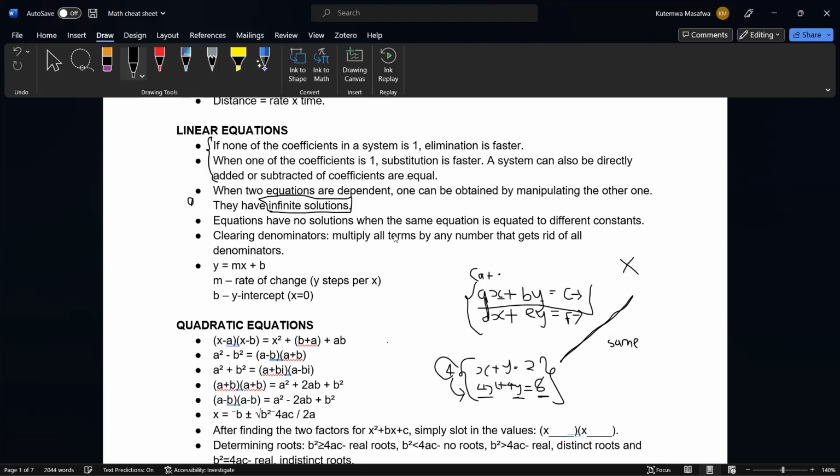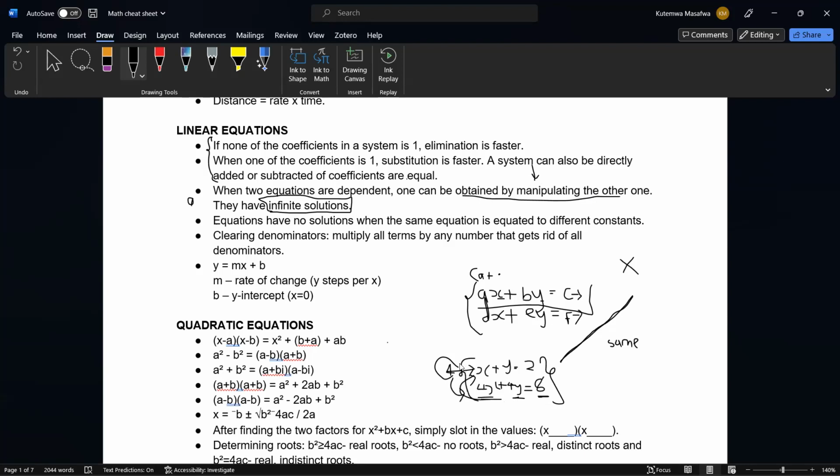So if you have a situation where you have a line that can be obtained by manipulating the other one, and by manipulating we mean applying a factor, like in this case, we multiplied the first one by 4 to obtain the second equation, it means that these are the same line.